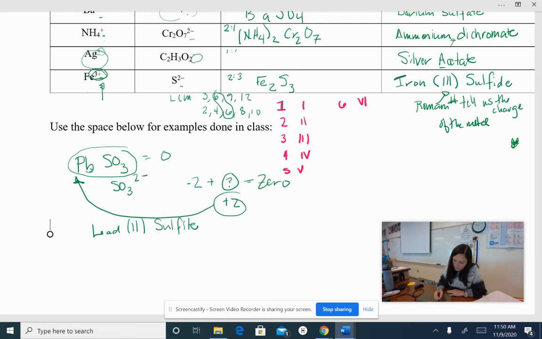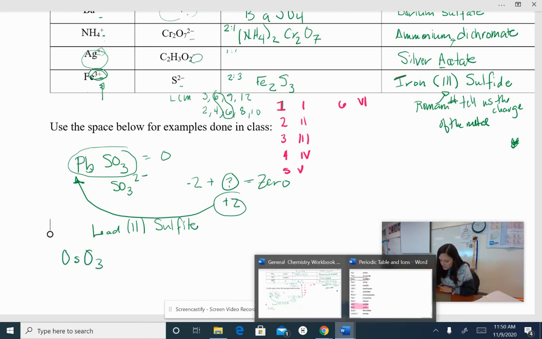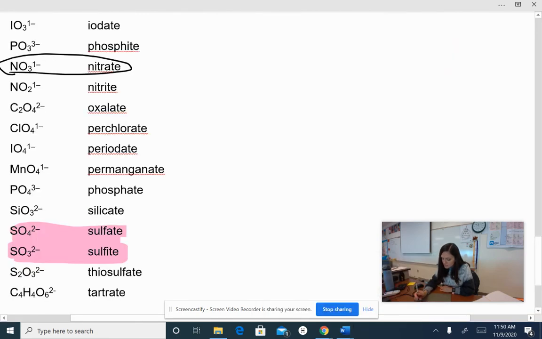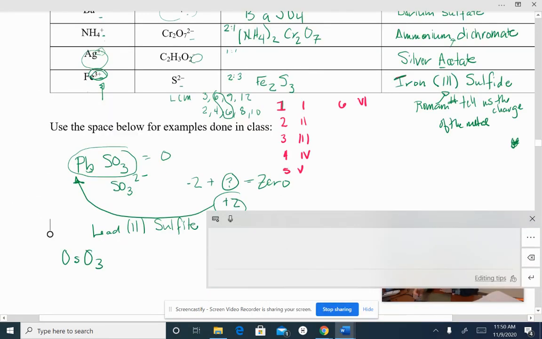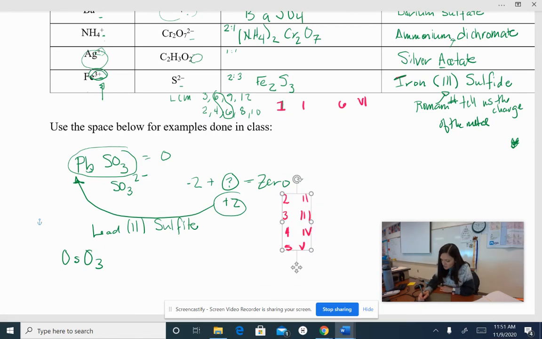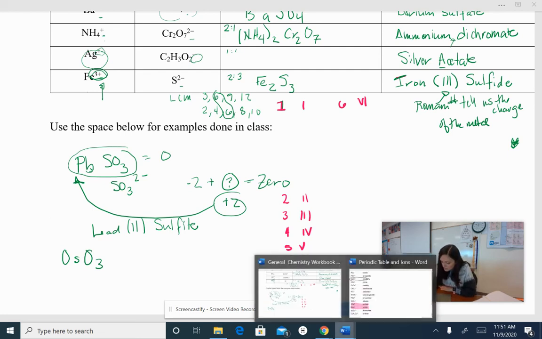Let's do OsO3. Now, osmium is another metal that is in the transition metal group. We do not know its charge at all, okay? And because we don't know its charge, we have to look at what it's bound to. So let's look at oxygen really quick.